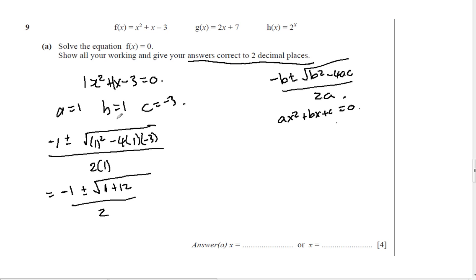So we're going to get two answers because of this plus and minus. We're going to do this first time with the plus. So negative 1 plus the square root of 13 over 2 is 1.30.